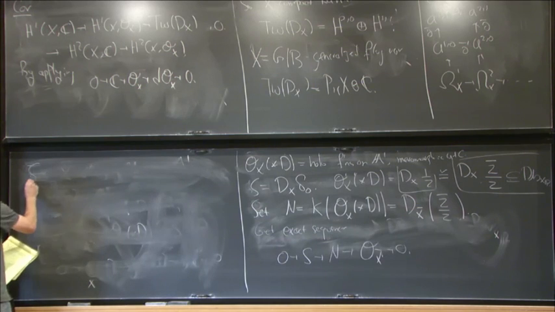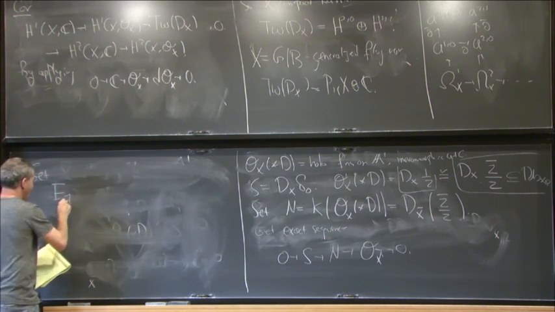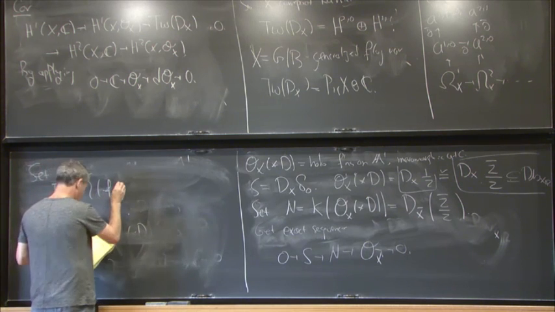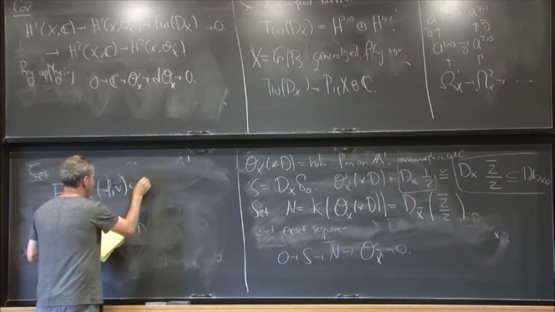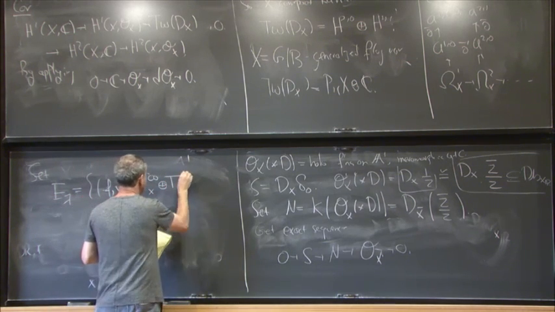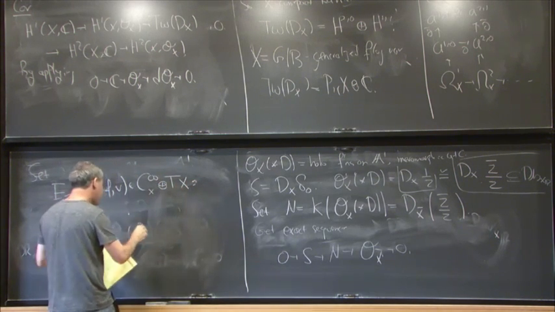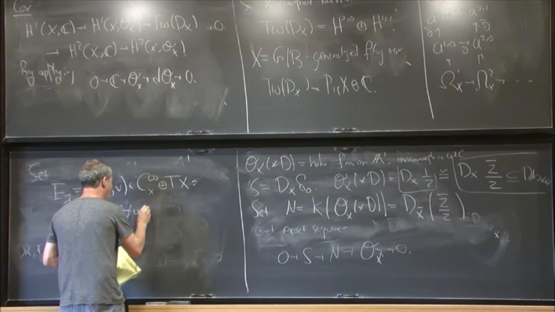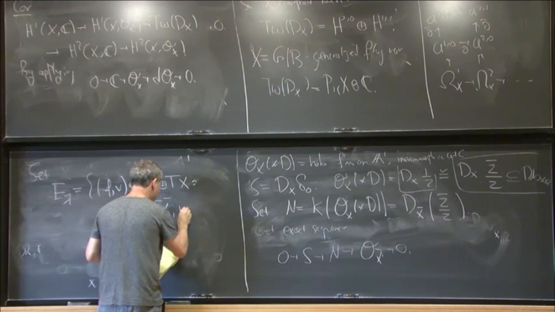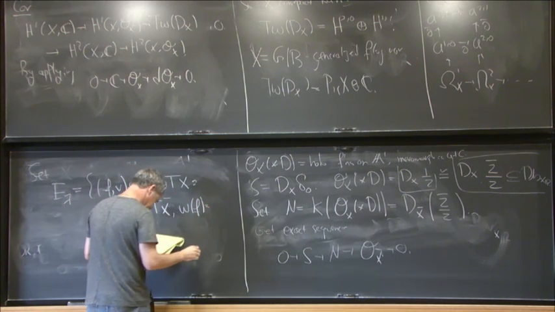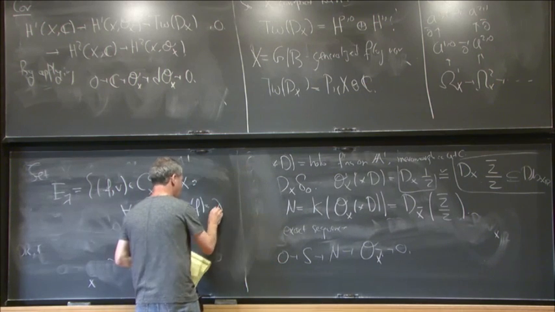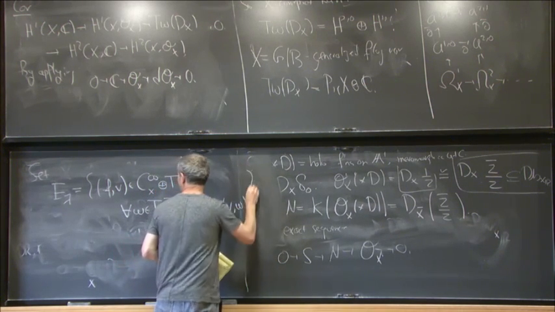So set E lambda equal to the set of pairs f, v in C infinity of x plus Tx such that for all anti-holomorphic vector fields W, W of f is equal to lambda of v, w.